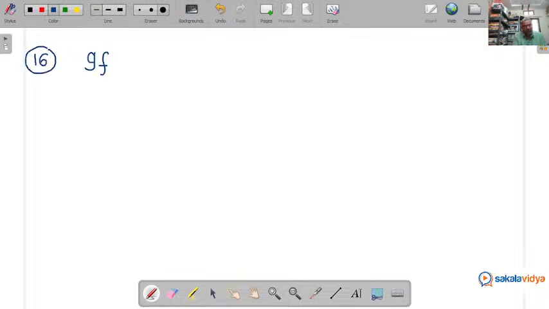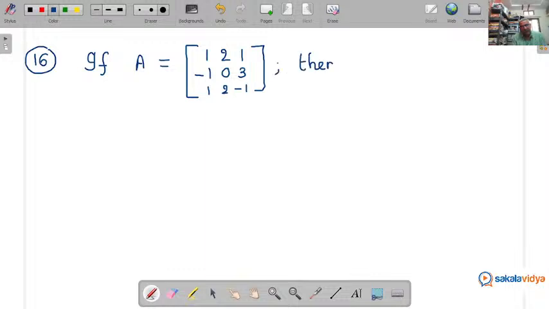If A equals the matrix 1 2 1, -1 0 3, 1 2 -1, then what is the trace of matrix A?